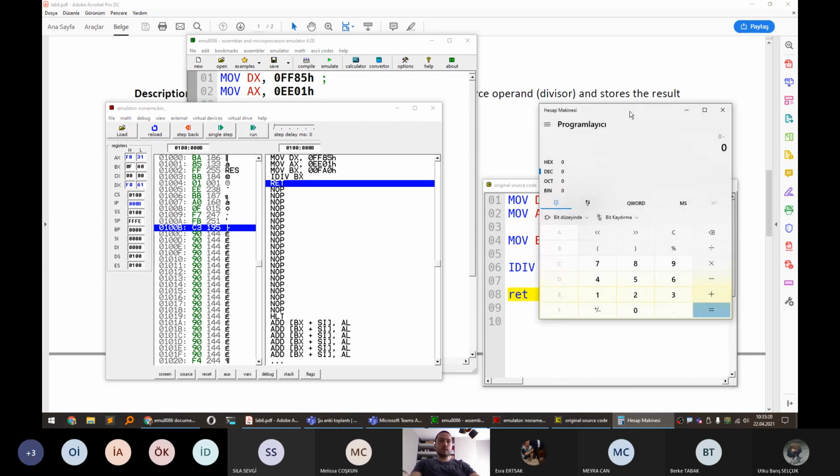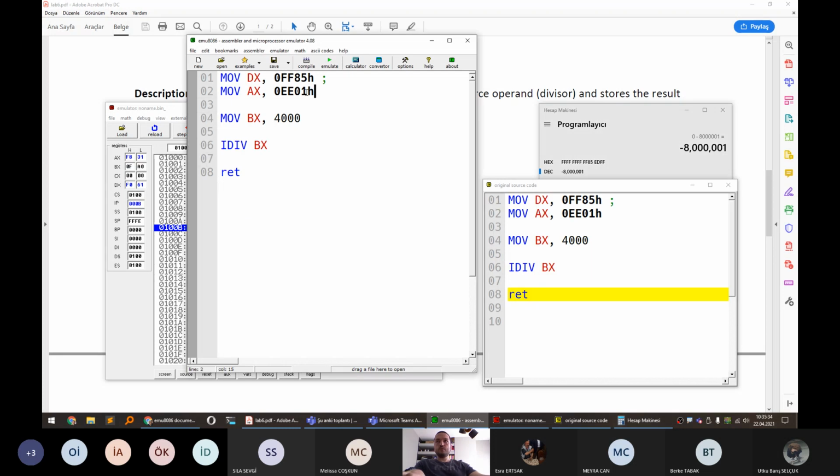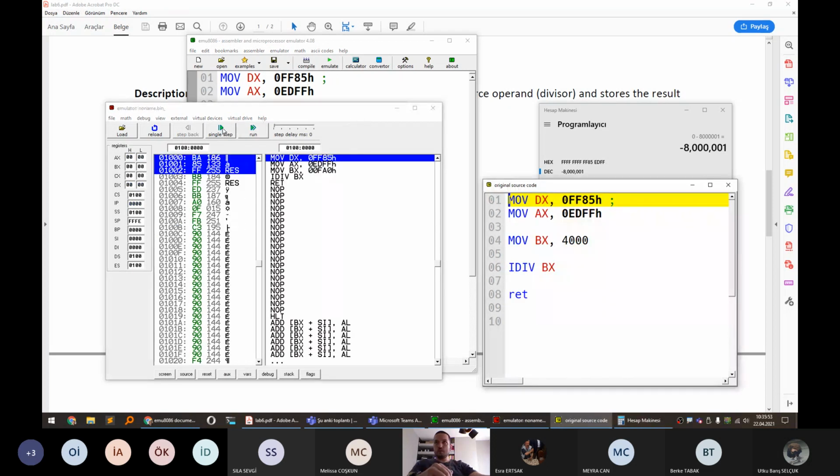Negative 8,000,001 is FF85 EDFF. So this is not negative 8,000,001. 8,000,001 is EDFF. So we make it 7,999,999 like this. So that's why it calculates wrong.